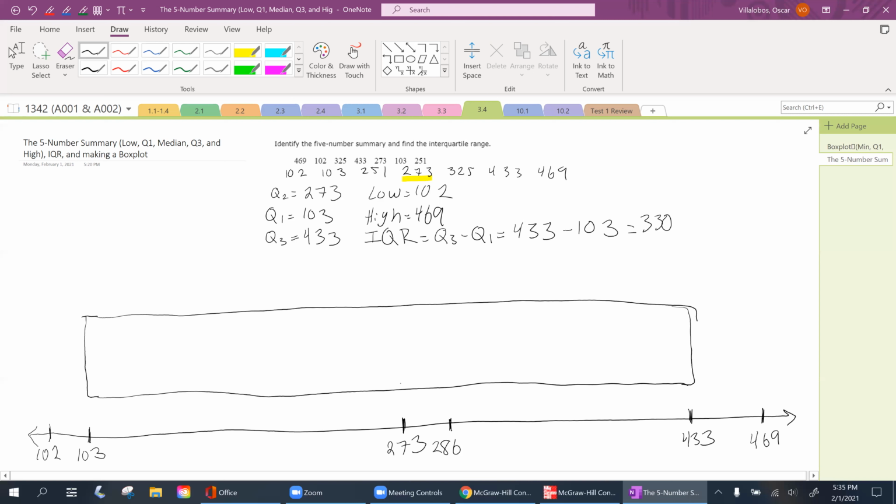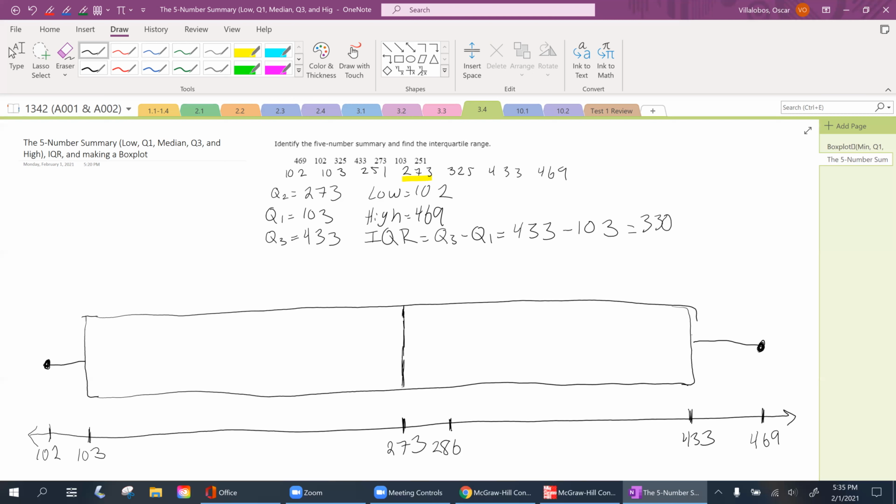And we say this split is going to be 273, which is my Q2. And then we know that 102 has a whisker that stretches out this way, and 469 over there has a whisker that connects to Q3. And right there, this is a hand-drawn five-number summary box plot.